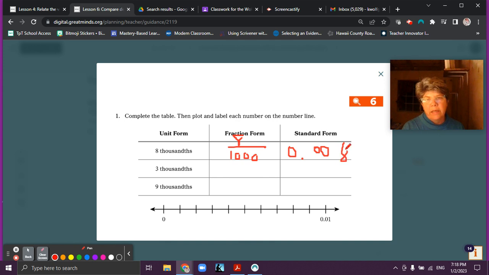Okay, and then why don't you pause the video and finish 3 thousandths and 9 thousandths if you haven't already finished that, because we're going to go on to talk about the number line there on the bottom. Okay, so if you haven't finished, go ahead and pause me and finish the table, and now we'll talk about the number line.